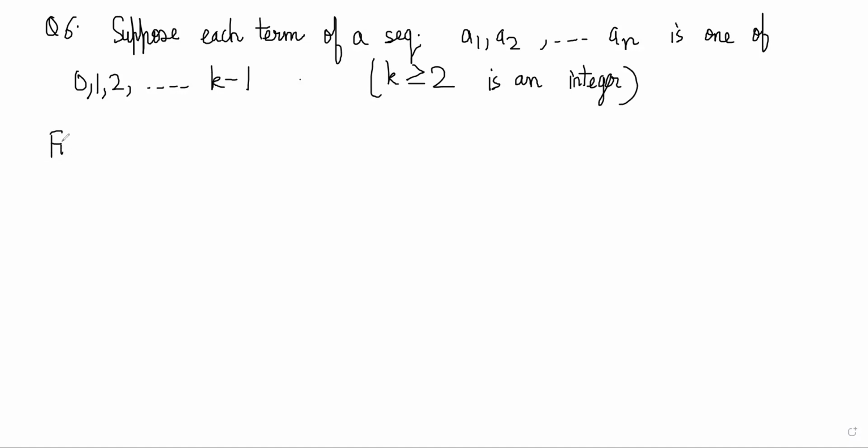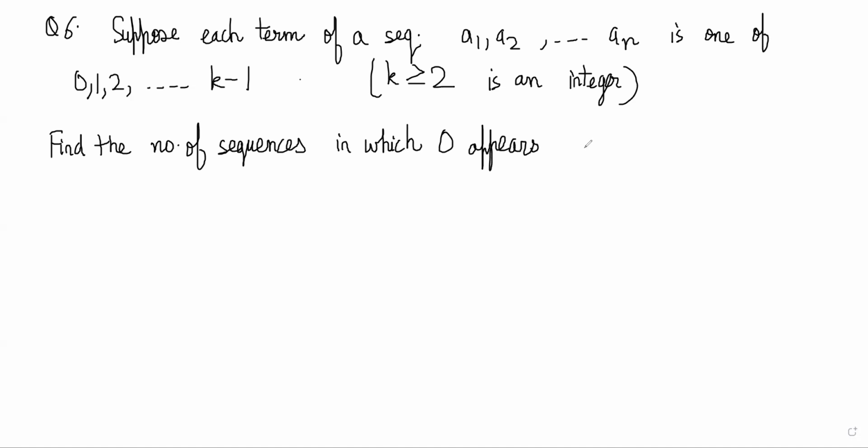Find the number of sequences in which 0 appears an even number of times. We have to find all the sequences where 0 appears an even number of times.